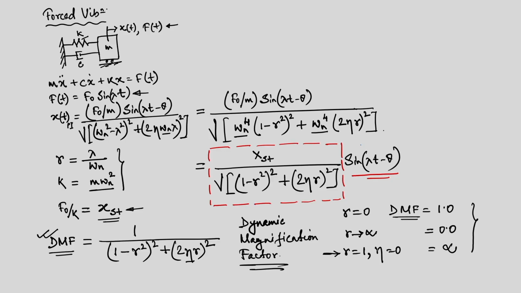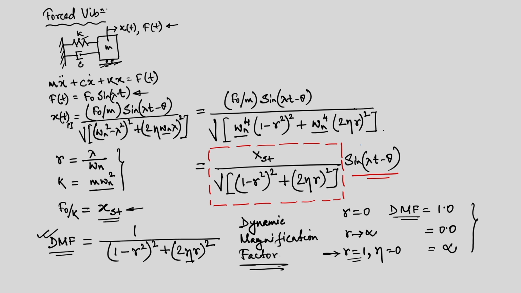And such a situation is called resonance. I will show you some video of resonance also, which is again available in the public domain. It is really interesting. You will see how resonance can actually destroy a structure. So, this is a very dangerous situation where we have damping equal to 0 and we have R equal to 1.